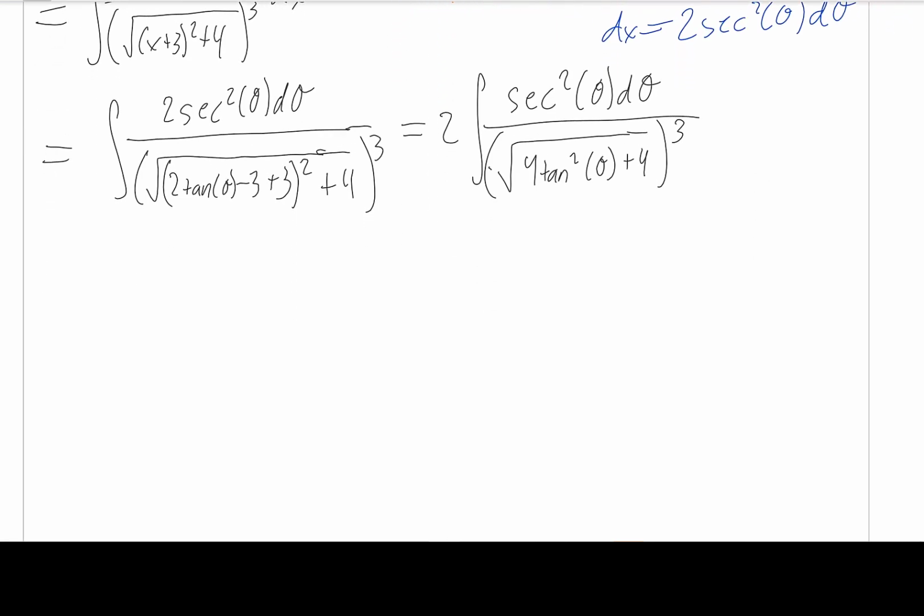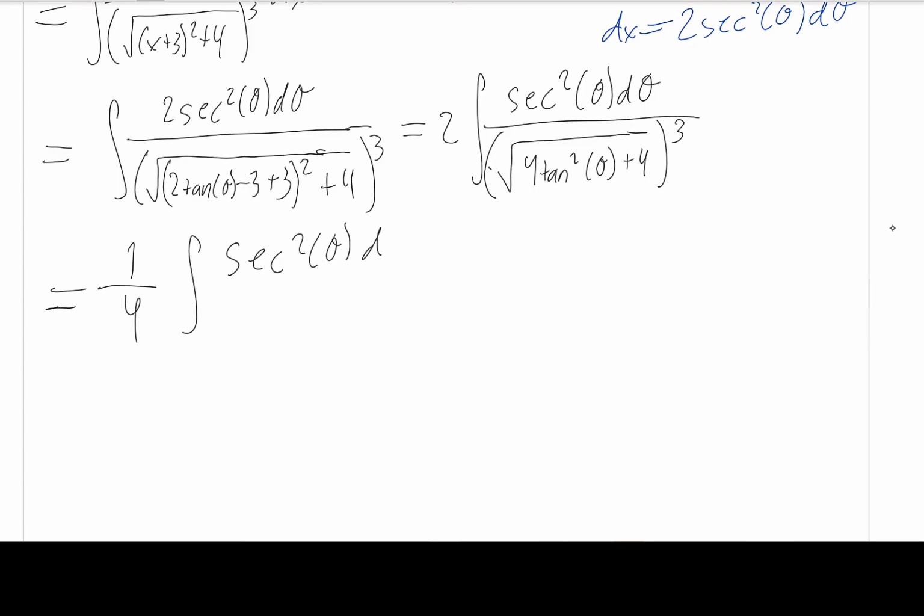Now I can factor that 4 out in front, and we'll have a square root of 4, which will give me the 2 still inside the parentheses. So we'll have a 1 over 2 cubed we need to pull out. So it'll give us 2 over 2 cubed, which is 1 over 2 squared, so 1/4, times the integral.